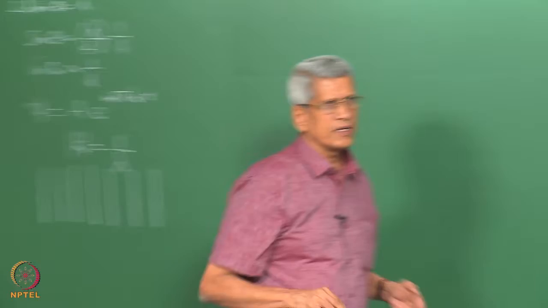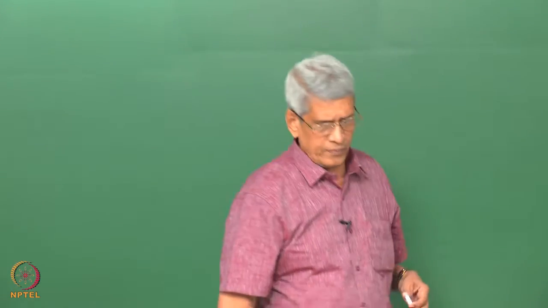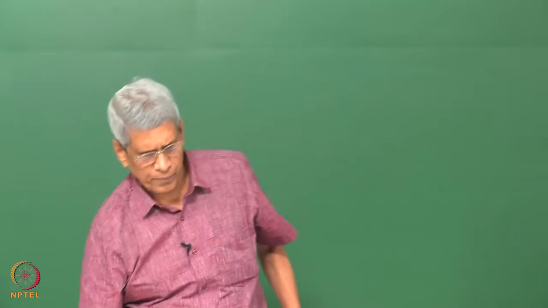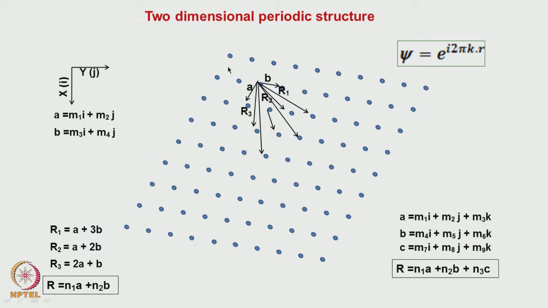If that wave enters, as it moves, with some wavelength lambda, then if I start with a crest touching this atom position, as it moves in this direction, there is no need that the crest should always come there.